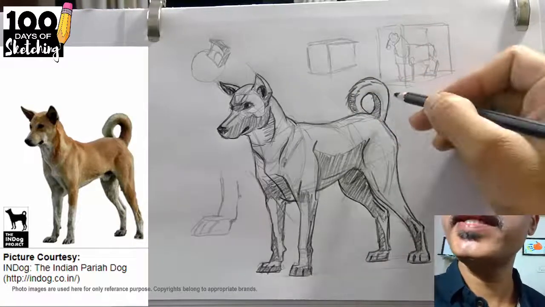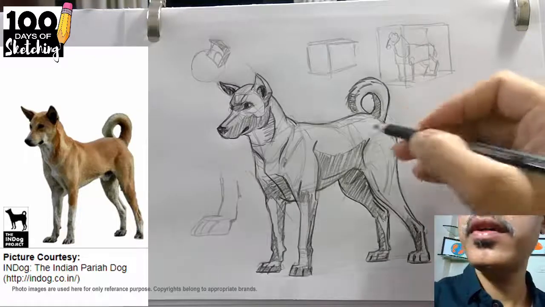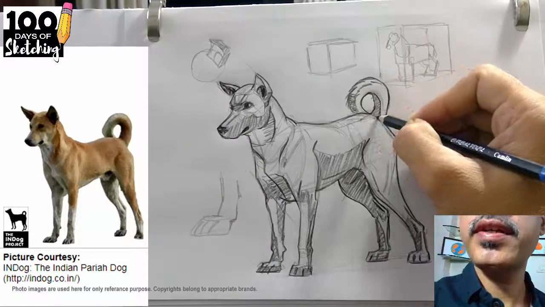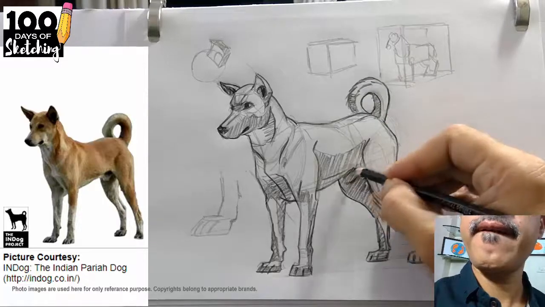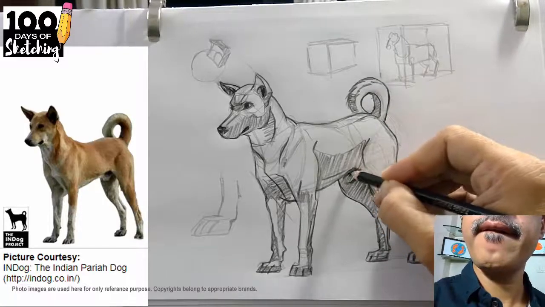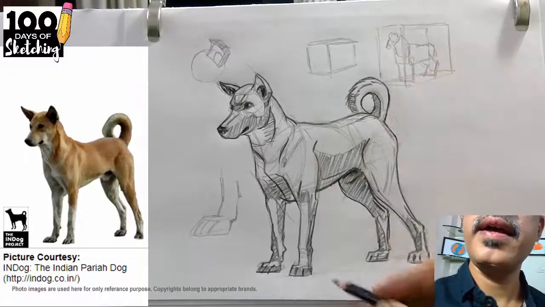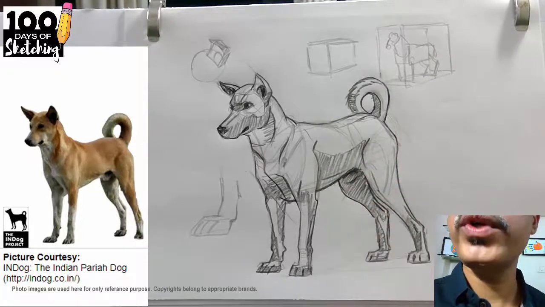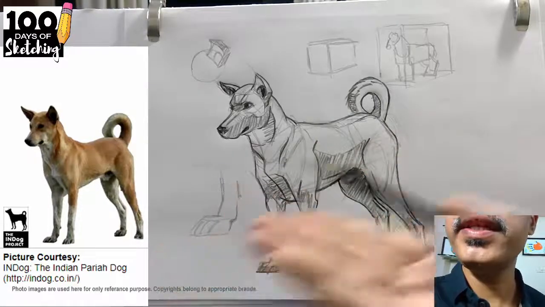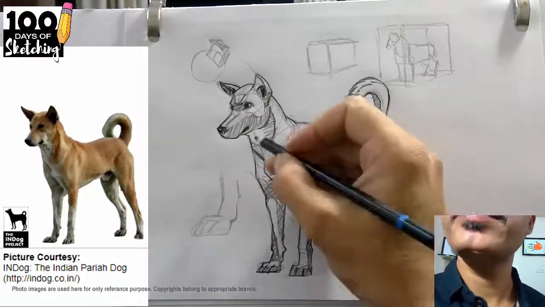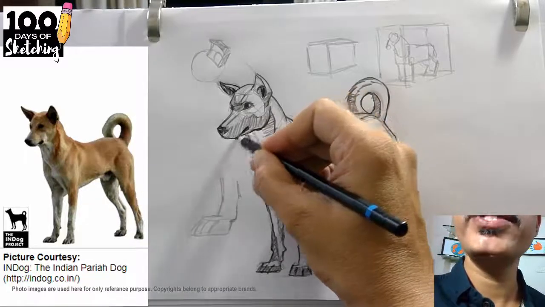So with this little shading, you actually add a lot of dimension to the sketch. And one more thing I do is that wherever the shadow areas or the base bottom area are, I make it a little darker to get a little weightage on that.